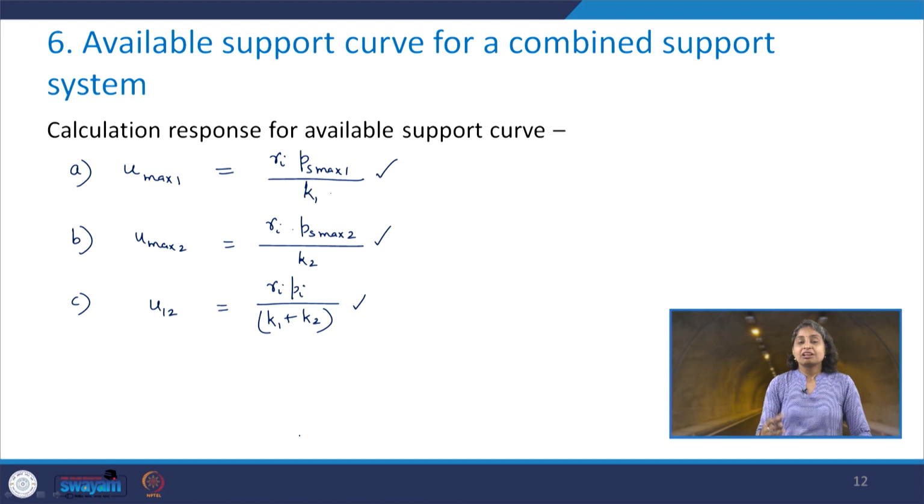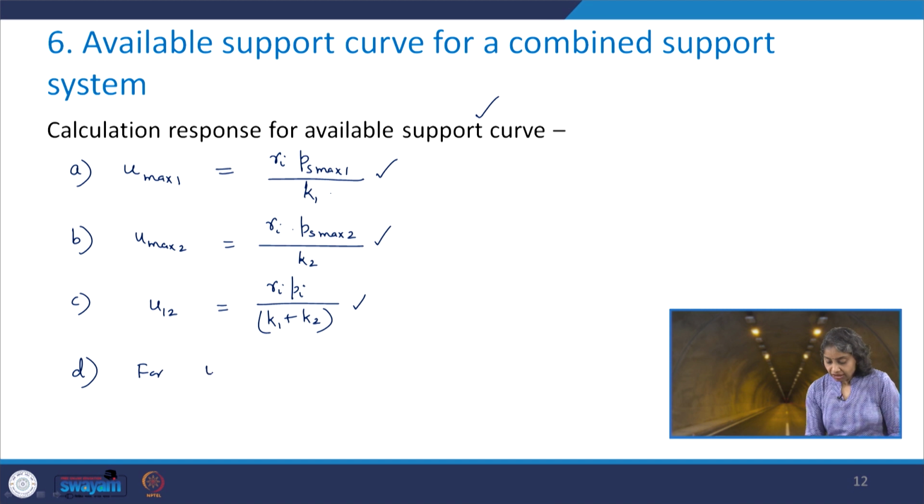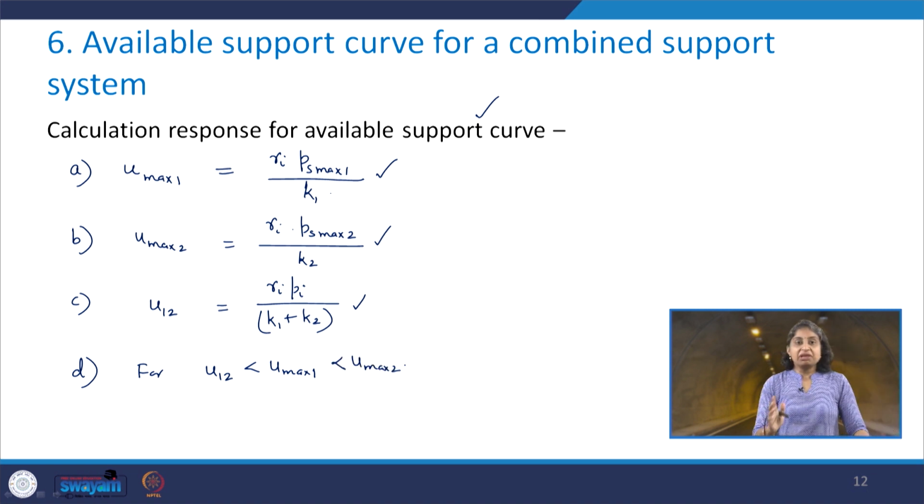The question is, how should we get the available support curve for the combined support system? So, here we need to provide a logic now, that is for u12 less than u max 1 and this is also less than u max 2. That means out of these three deformations, u12 is the minimum. So, in that case, how are we going to find out the support curve?